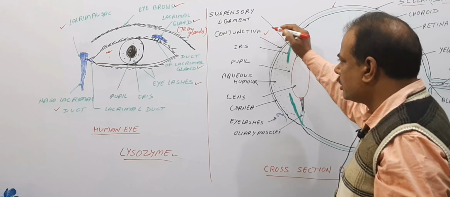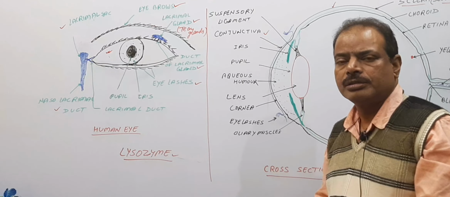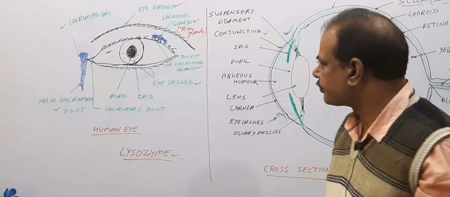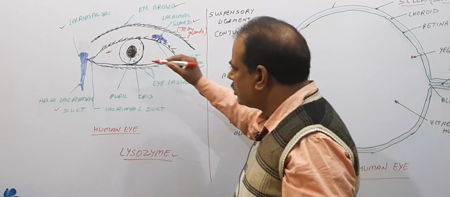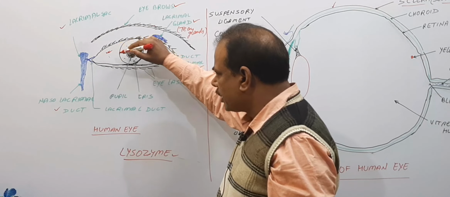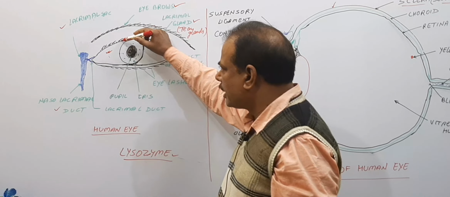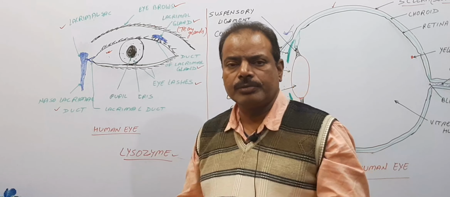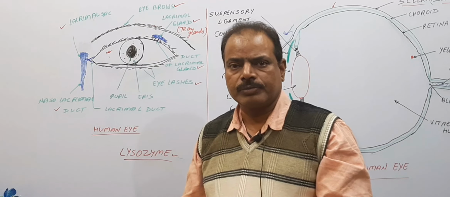It is a single cell layer structure, and it is transparent. This conjunctiva is connected with the inner lining of the eyelids, so that entry of germs and dust particles cannot take place.